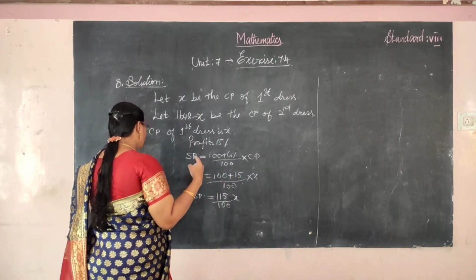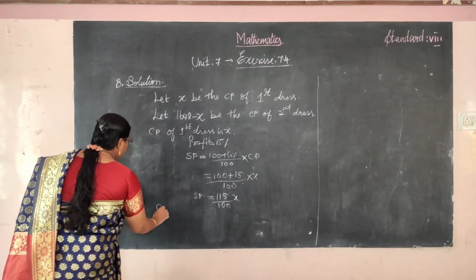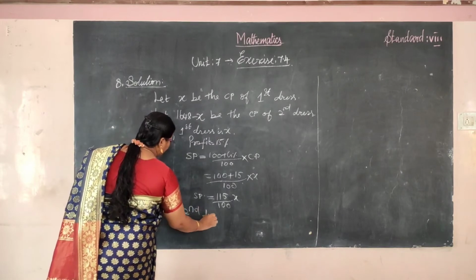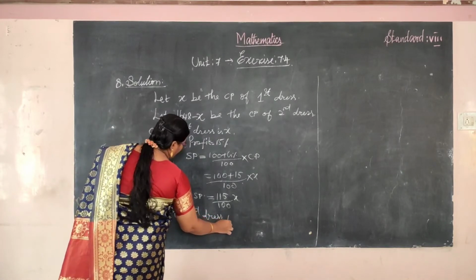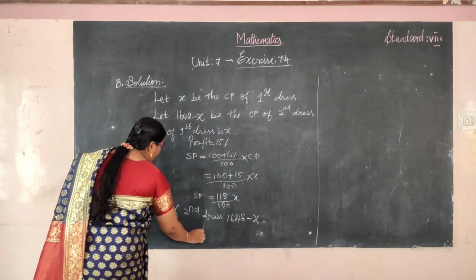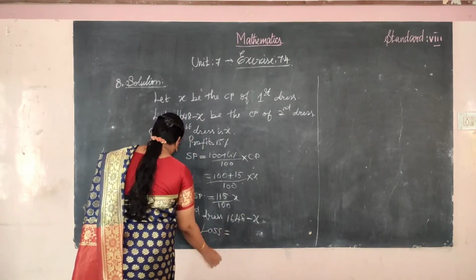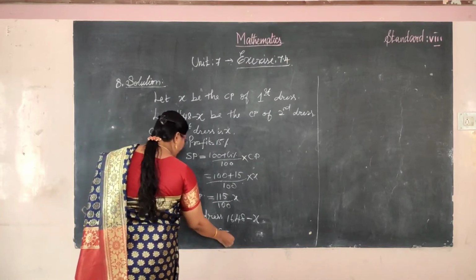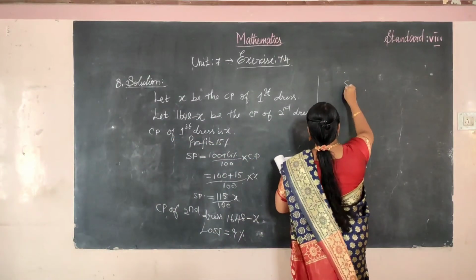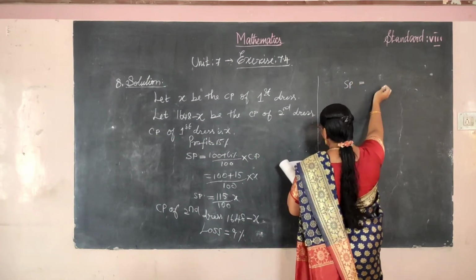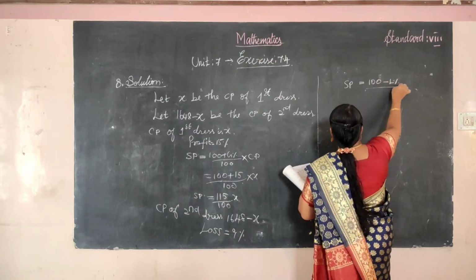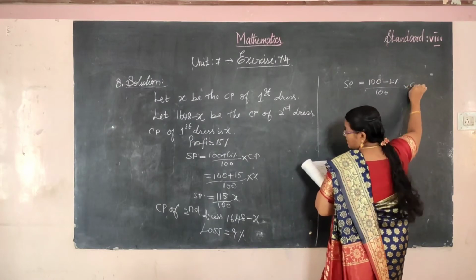Now we have to find out for the second dress. Okay, so cost price of the second dress, what is that? 1648 minus x. Okay, loss percentage is how much? 9%. Okay, so SP is equal to the selling price, again write the formula here: (100 minus loss percentage) by 100 into CP.